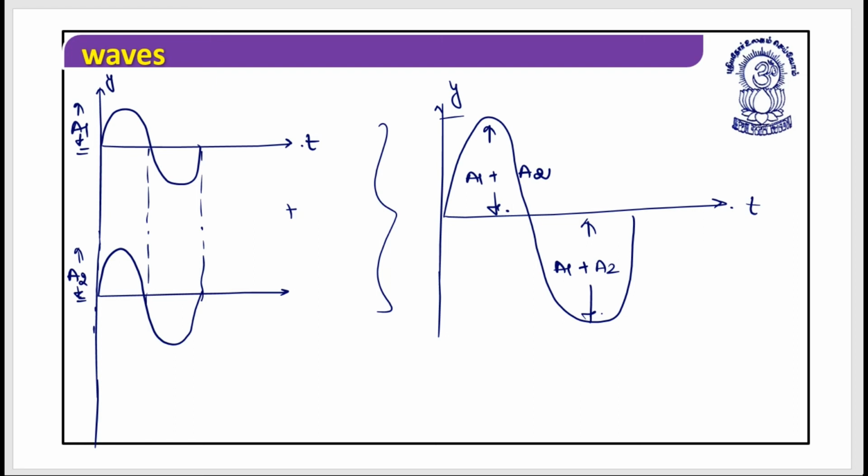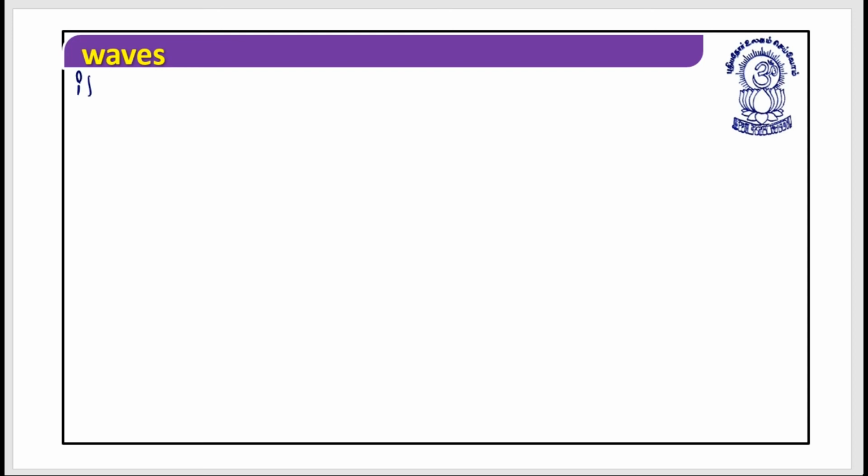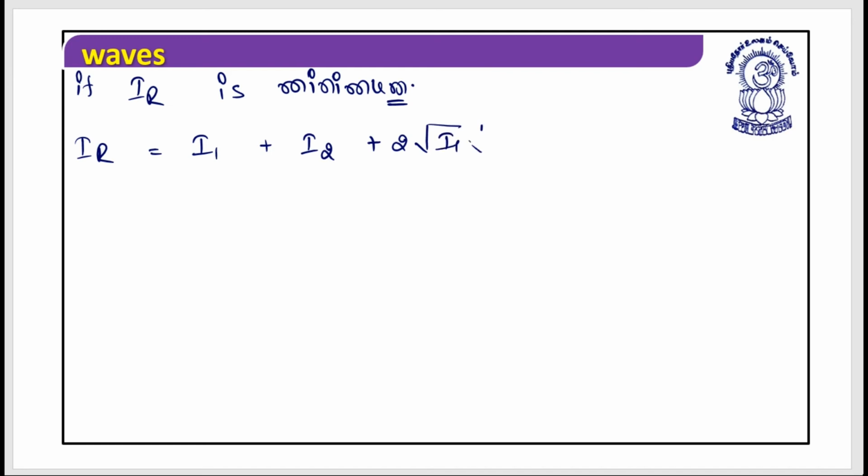Great. Now let's discuss if IR, the resulting intensity, is minimum. If the resulting intensity is minimum, then IR should be equal to I1 plus I2 plus 2 root of I1 into I2 into minus 1, because now cos of delta phi should be equal to minus 1.